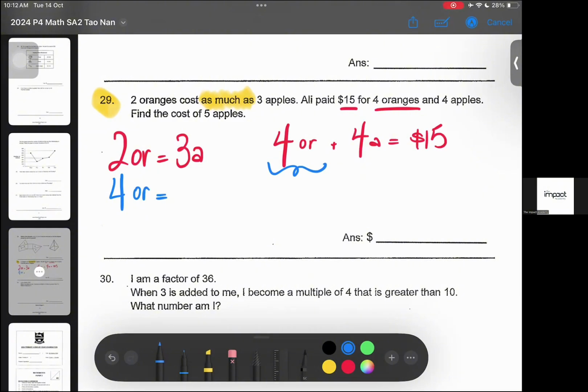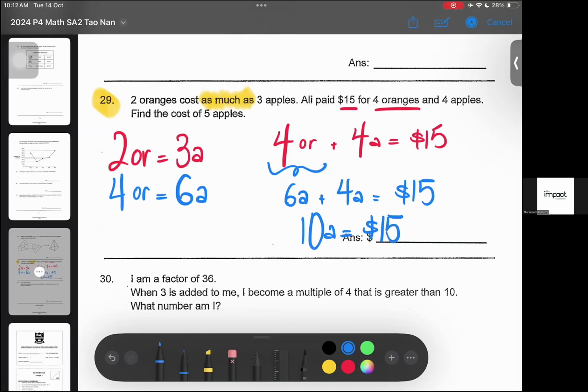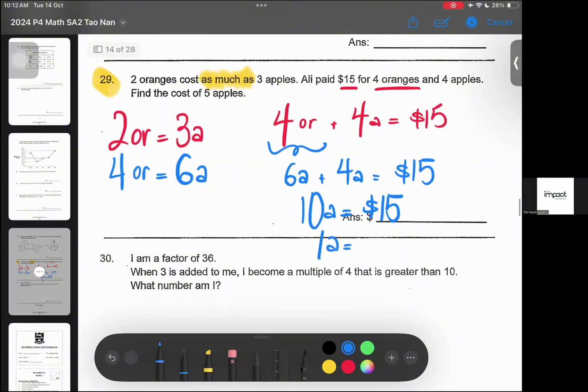So it's because now you have oranges and apples. It's all confusing. Right? 6 apples. True? 6 apples plus 4 apples is equals to $15. So go and focus on 1 unit first, right? Focus on either finding all apples or oranges. So 1 apple is going to be, you just have to move back by 1.